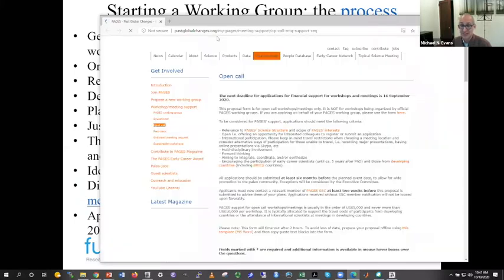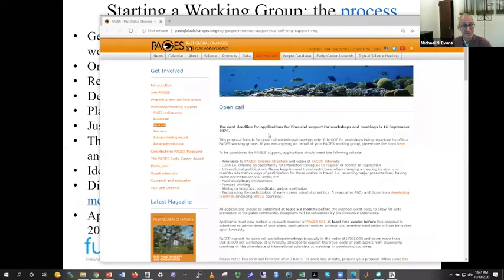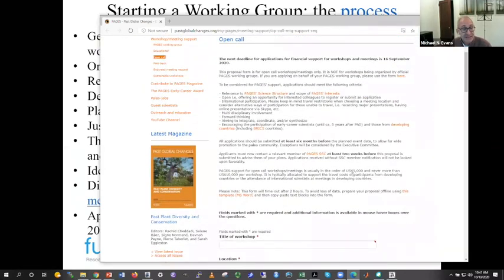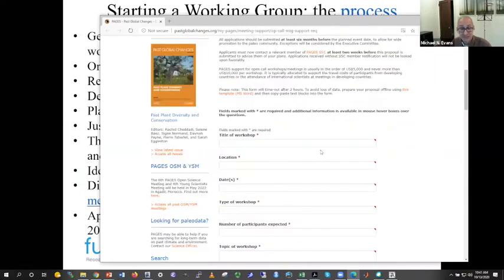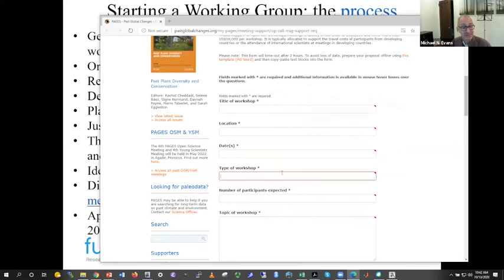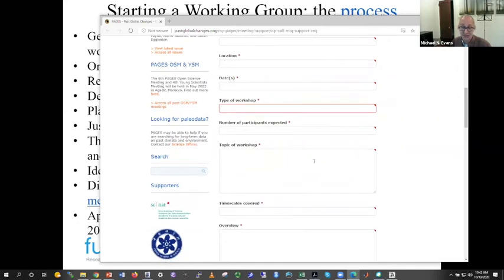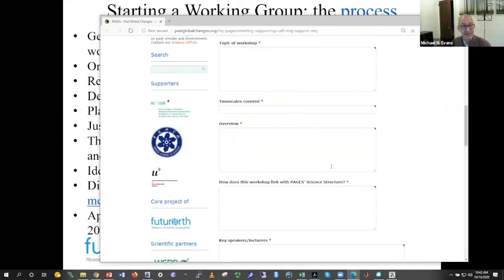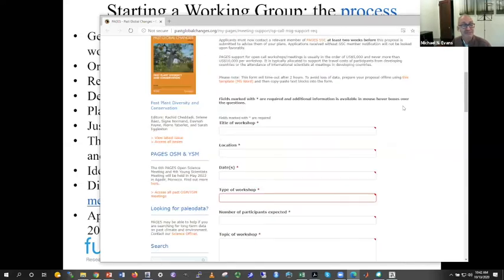So if you have questions about any of this, okay, so here's information about, let's see. So there's literally a form, okay, and you have to answer all the questions that have the stars in them. And so you'd want to explain exactly why and how a scoping workshop might do, and what you expect to be the outcome of that.